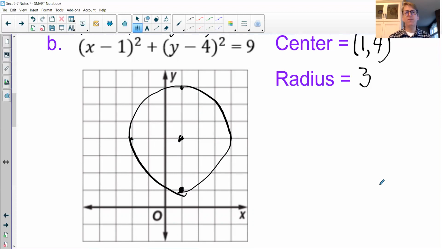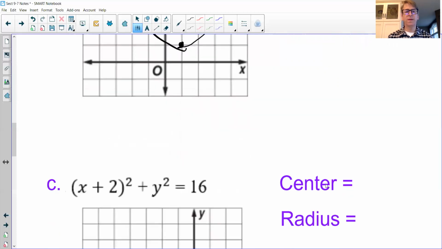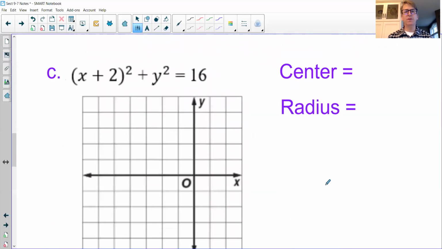Okay, so these are kind of fun problems, kind of reverse engineering, so to speak. X plus 2 squared plus y squared is equal to 16. So this h here, now you think of this, x minus the h, and that's quantity squared. Okay, so if this is a positive 2, this h has to be a negative 2.